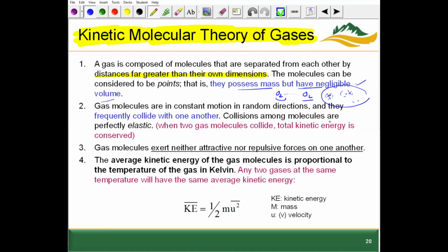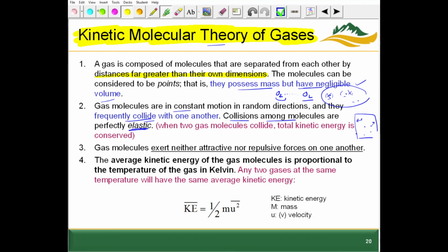The second point in this theory: gas molecules are in constant motion, so they're always moving around in a vessel. They frequently collide with one another. We also looked at them colliding with the sides of some reaction vessel. These collisions among the molecules are perfectly elastic.